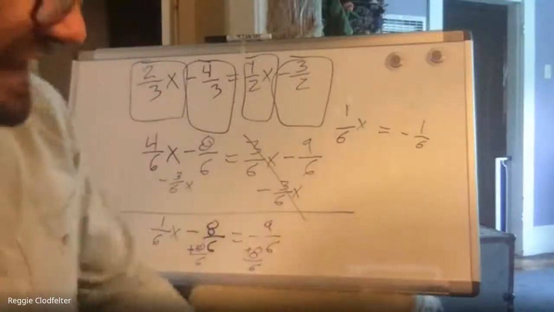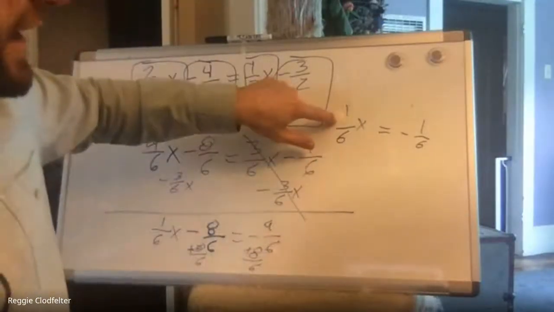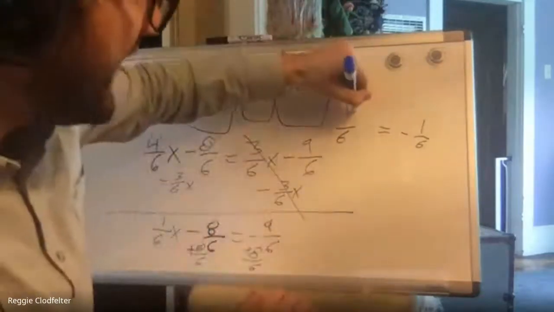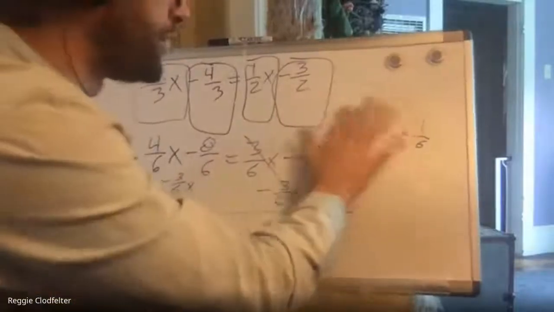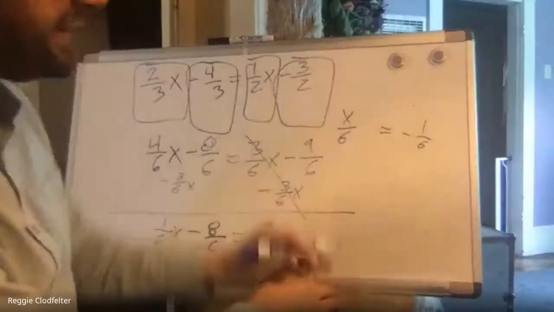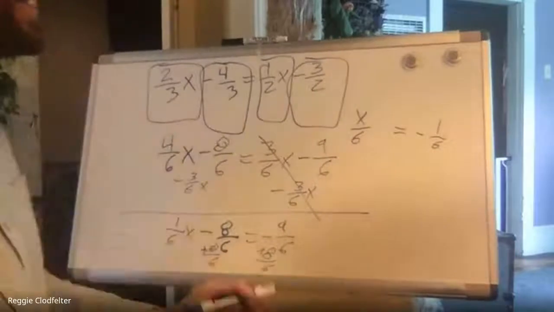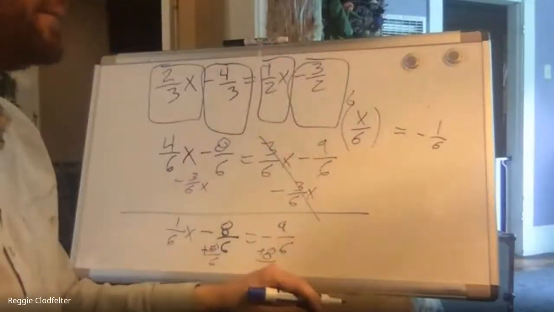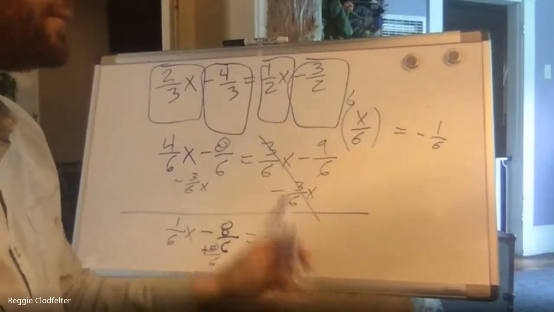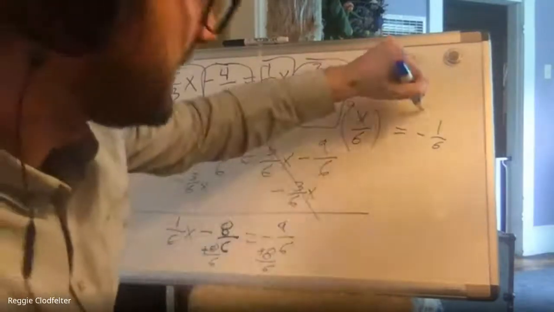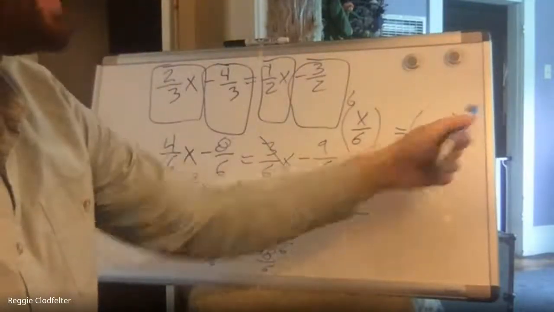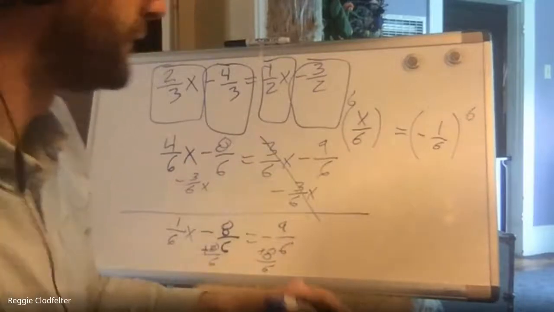What I was saying is, if it's easier for you, you can think about 1/6 x as the same as 1 times x over 6, or just x over 6. And if you have x over 6, you can multiply that by 6 to leave x, right? X divided by 6 times 6. And if you do that to both sides, you get negative 1/6 times 6, which is going to be negative 1, right?